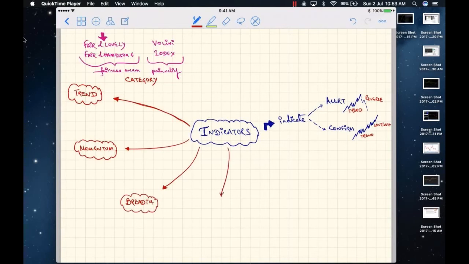The fourth one is that of volatility, whether the markets are fairly volatile or the markets are quiet, whether the markets are doing a lot in a short span of time or they're doing nothing, completely range bound. And the fifth one is that of sentiment.